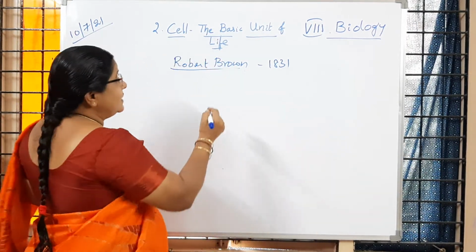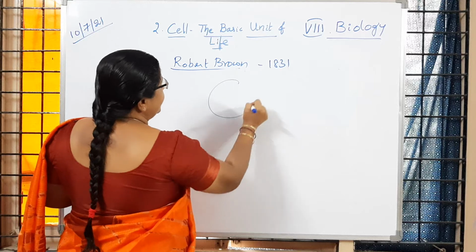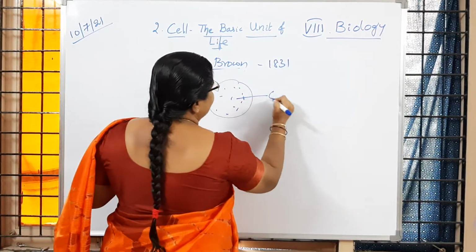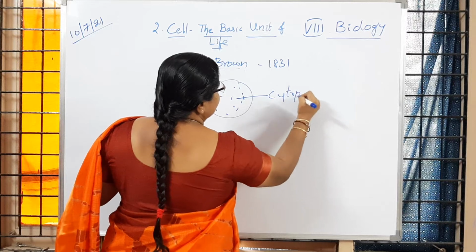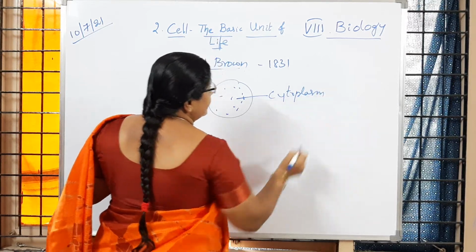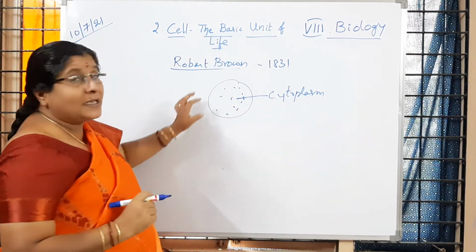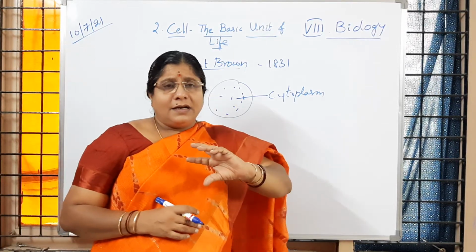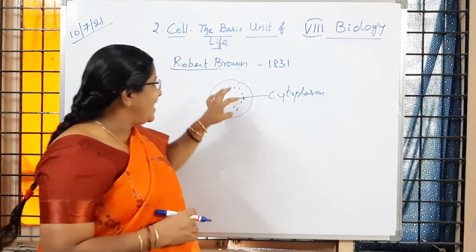So inside the cell you are observing a jelly-like fluid, which we call cytoplasm. Cytoplasm is said to be heterogeneous, meaning it contains different types of cell organelles.